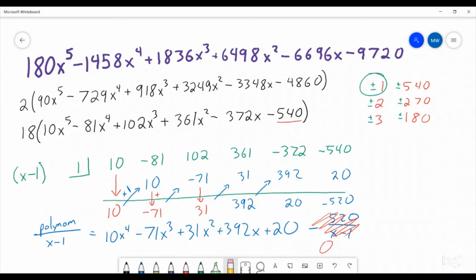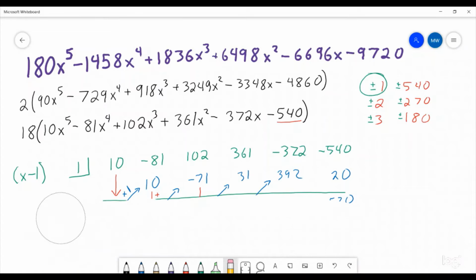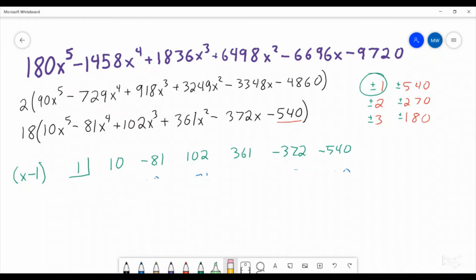Let's now, instead of looking at 1, look at minus 1, because remember, we have to check both the positive and the negative versions of each of these numbers. If we are looking at minus 1, that is now x minus negative 1. So now let's go through this entire process. Bring the 10 down, that becomes 10.